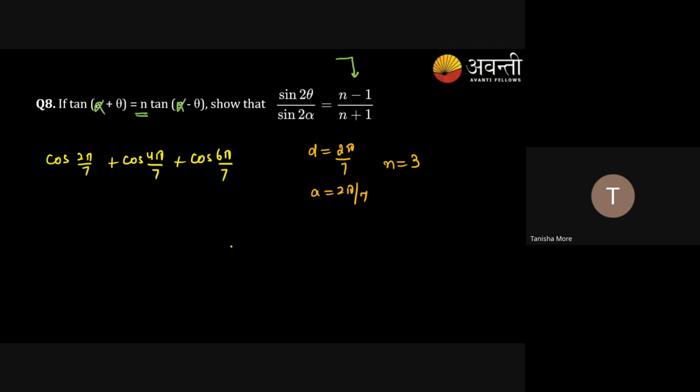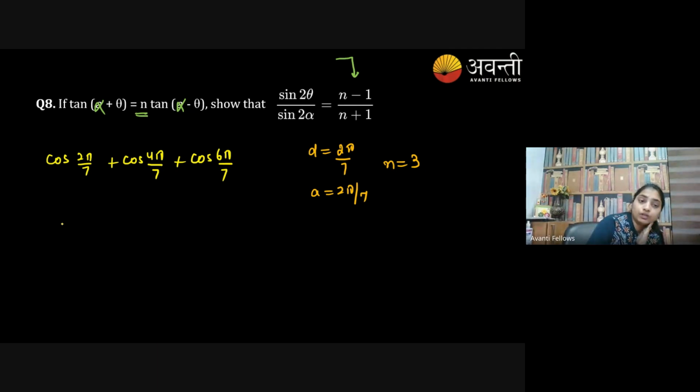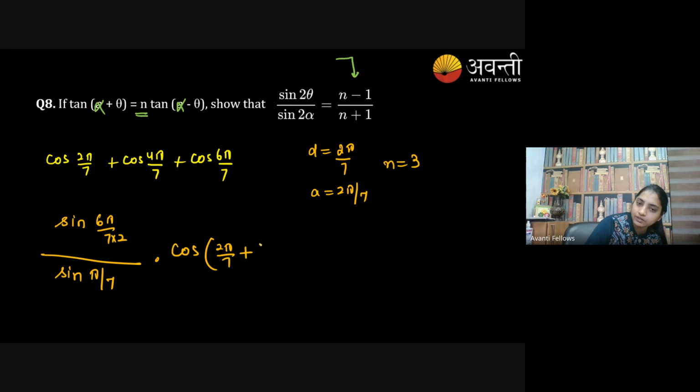So you have sin(nD/2), that is sin(3 into 2 pi by 7 divided by 2), divided by sin(D/2), that means sin(pi by 7), into cos of A plus (n - 1) into D by 2, that is 2 pi by 7 plus 2 into pi by 7.